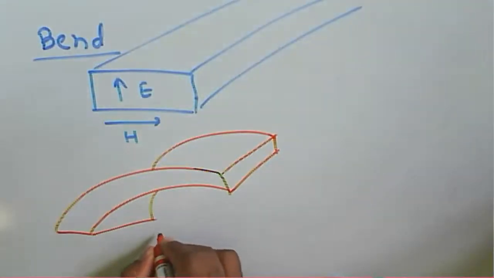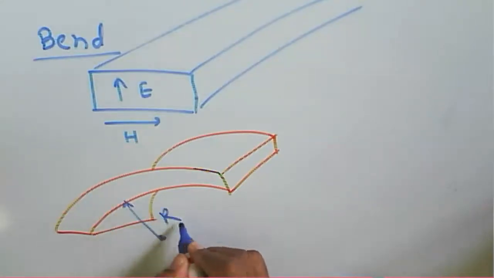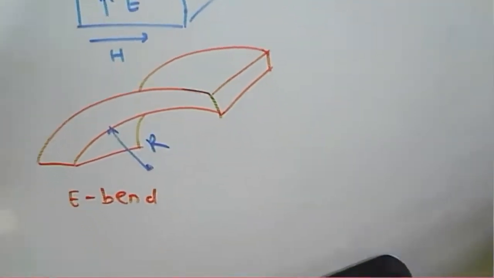Now this one, R, is the radius of the bend. So this one is an E bend, or an E plane bend.